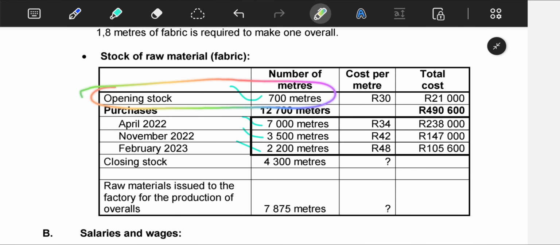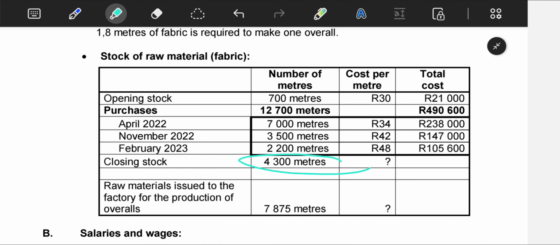When we opened this year, we opened with 700 meters of raw material. And then in April, we bought 7,000 meters. In November, we bought 3,500 meters. In February, we bought 2,200 meters. And then the total of this is our total purchases, which is 12,700 meters.